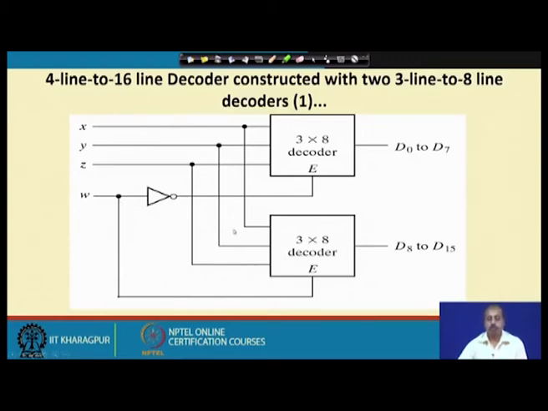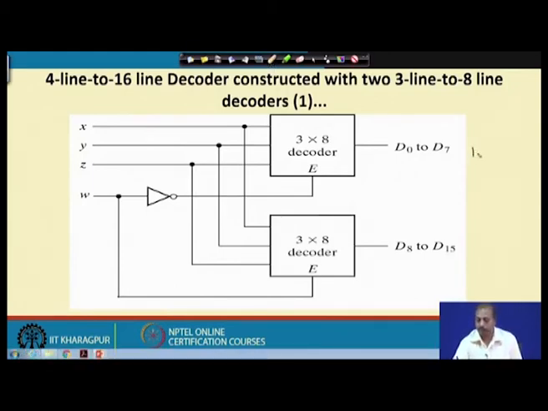For D0 to D7, take the 4 bit patterns, say D5 in 4 bit. It is coded as 0 1 0 1, so this is x, this is y, this is z and this is w. Here w is equal to 0, that means the lower decoder is disabled and only the upper decoder is enabled, and the upper decoder gets 1 0 1 on the lines x, y, z.